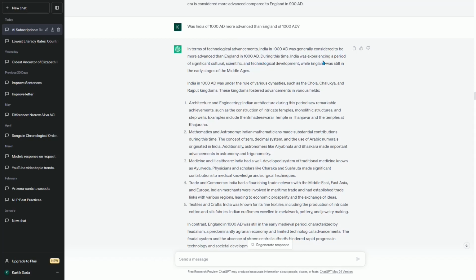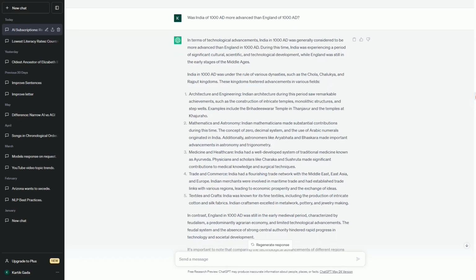During this time, India was experiencing a period of significant cultural, scientific, and technological development, while England was still in the early stages of the Middle Ages. And then it lists the technological areas in which India excelled: architecture and engineering, mathematics and astronomy, medicine and healthcare, trade and commerce, textiles and crafts. So a long, detailed answer, 1000 AD to 1000 AD.